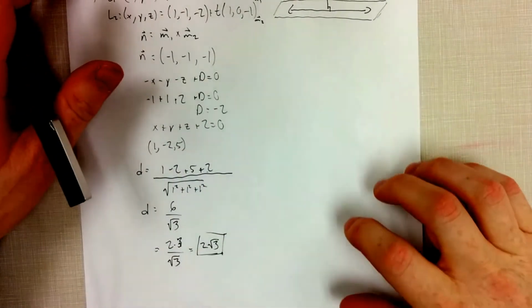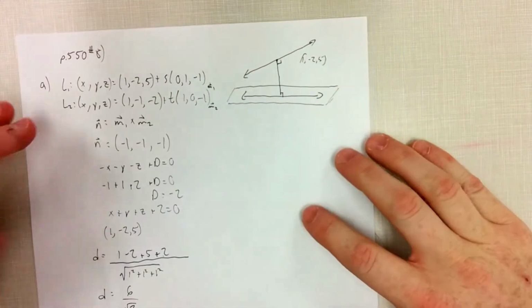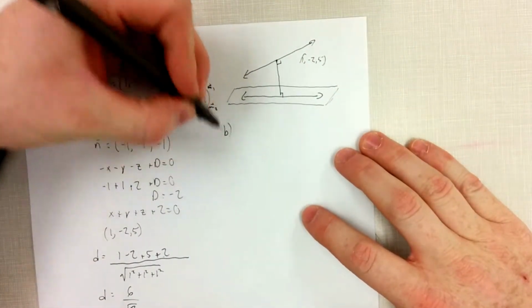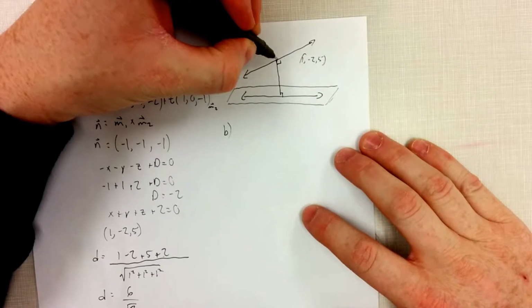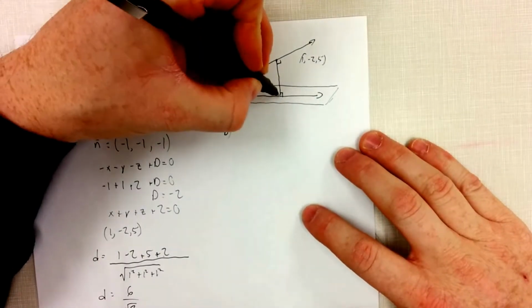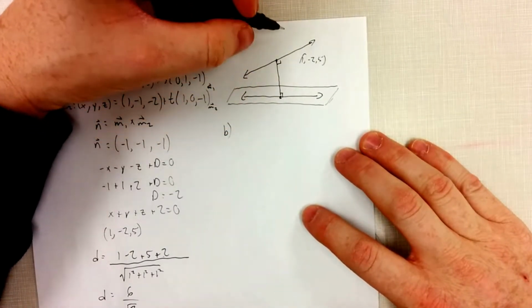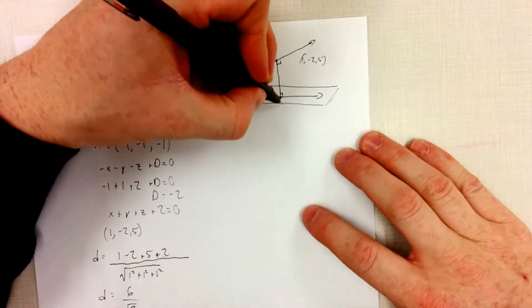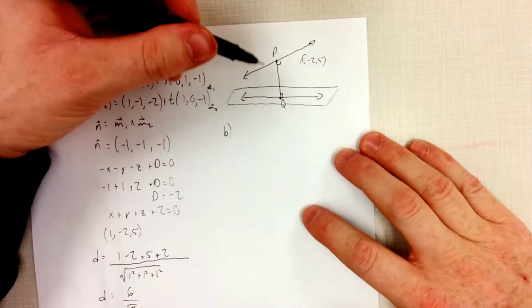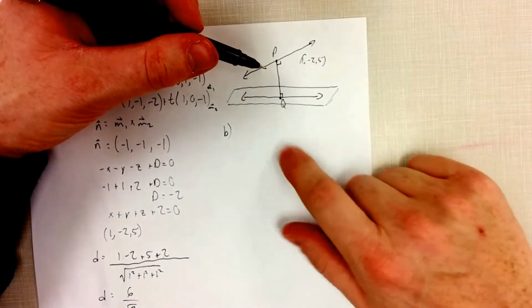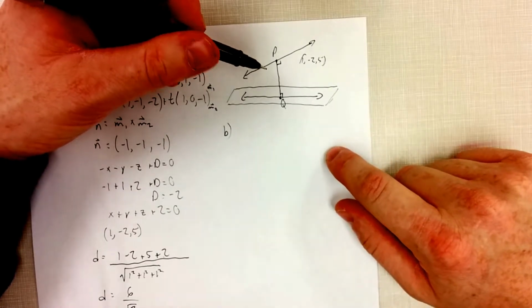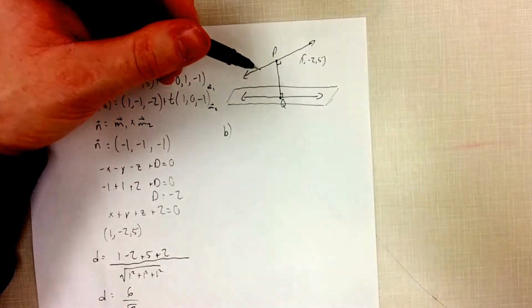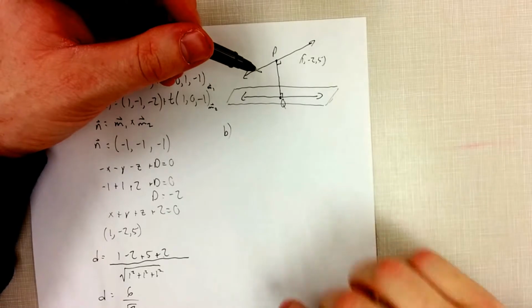Now, that's part A. Part B is actually asking for the 2 points, 1 point on each line, that are the 2 points that create the shortest distance. Now, this is a different problem. We haven't looked at a problem like this before, but we're going to use a similar tool to what we used before.